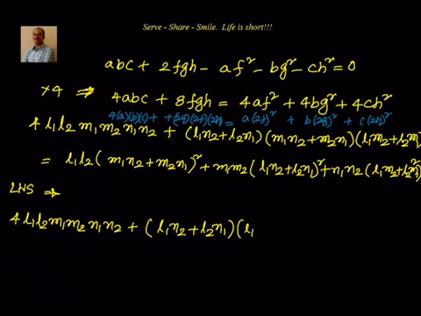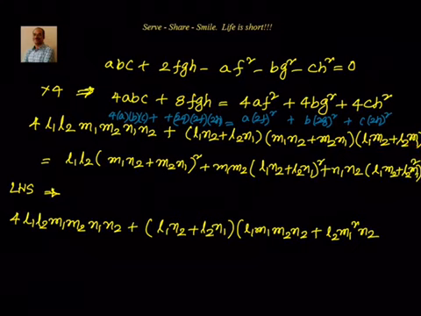I'll write down L1 M1 M2 N2 plus M1 N2 into L2 M1, that is L2 M1 square N2. So we are done with M1 N2 multiplied with this whole thing. Then we go to M2 N1, multiply with this.